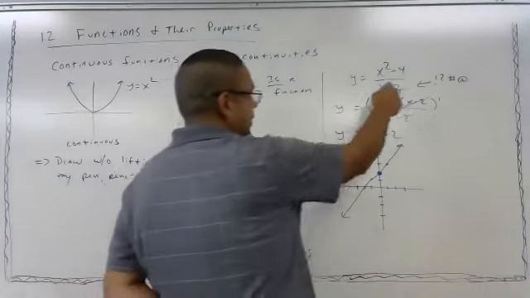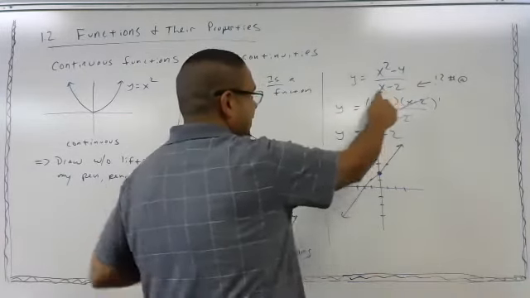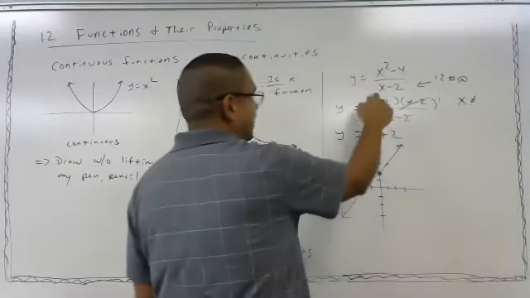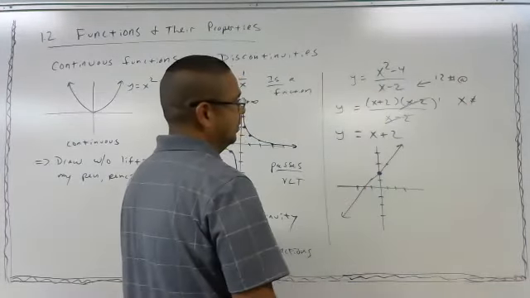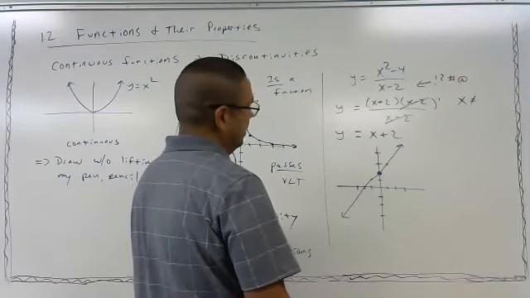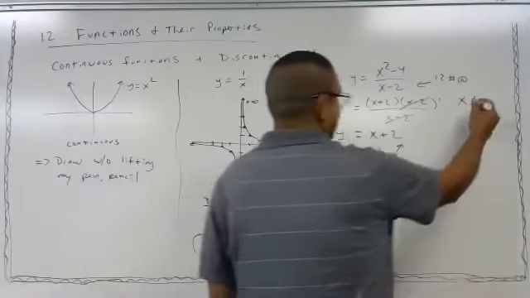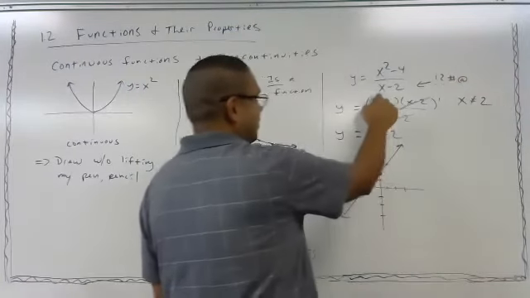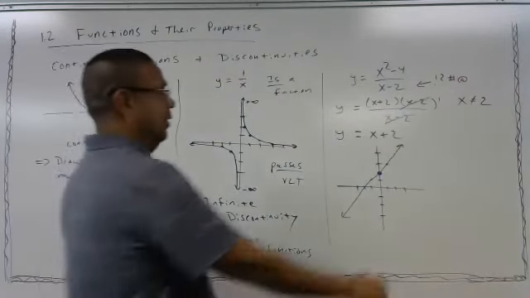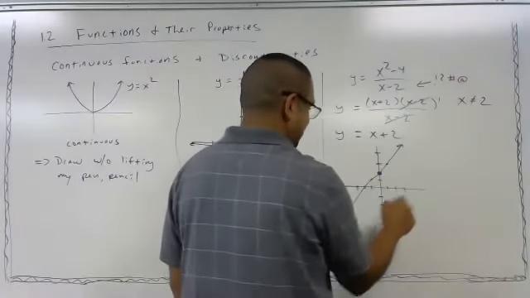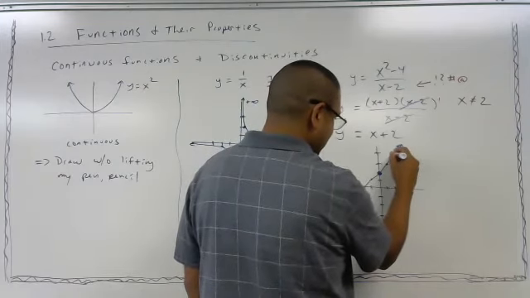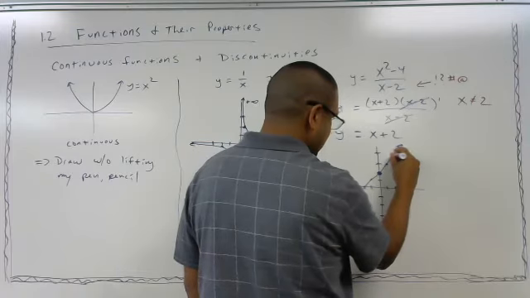So if I can't have 0 in the denominator, I know that x cannot equal, uh, I mean 2. Very good. x cannot be 2 because 2 minus 2 is 0 and we can't divide by 0. So if x cannot be 2, then you see there's going to be a hole in the graph right there.